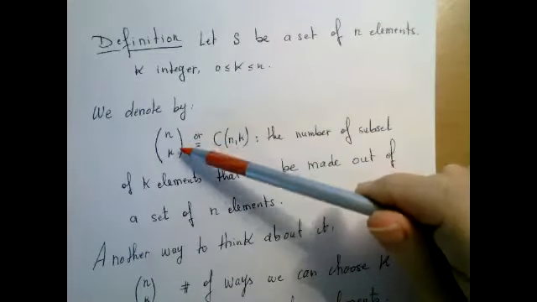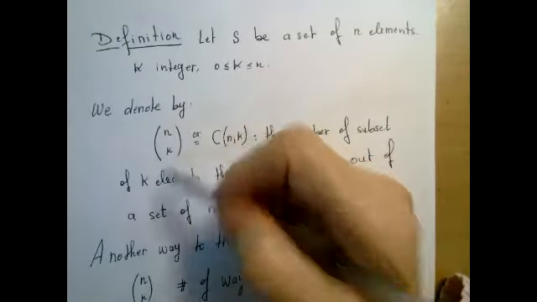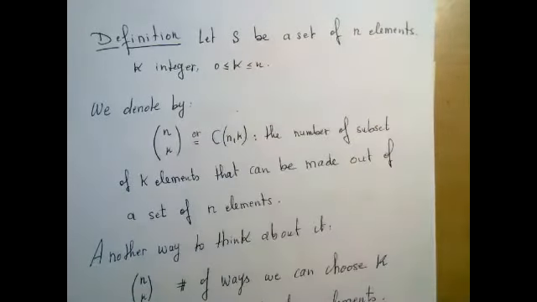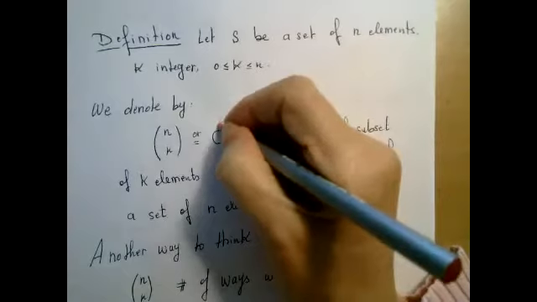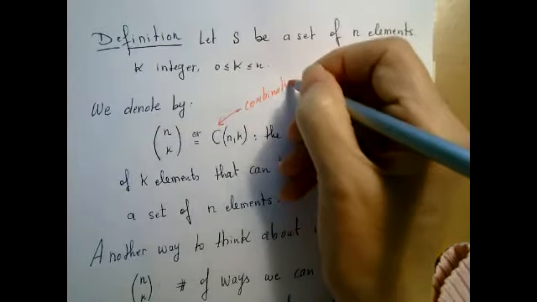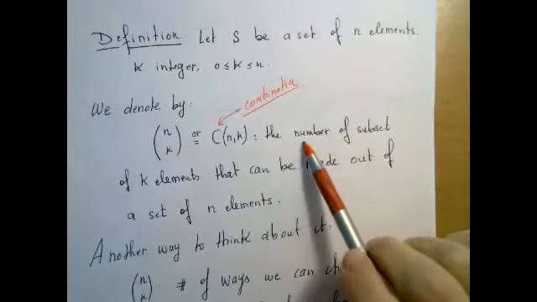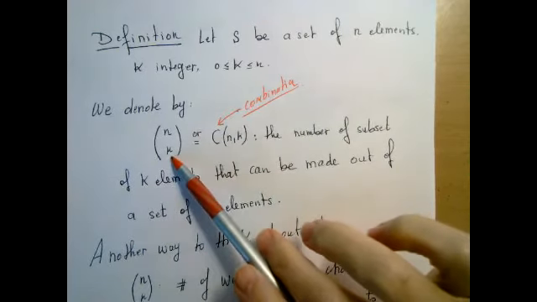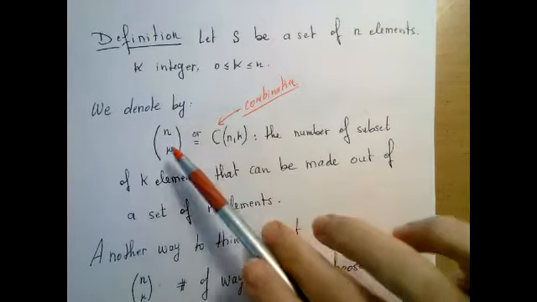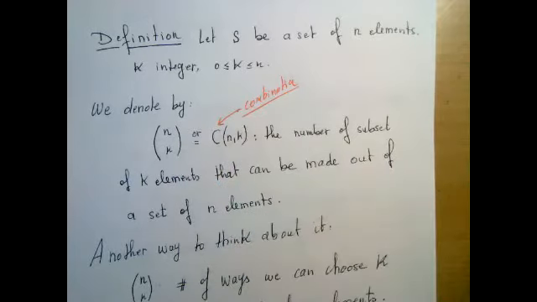Then we denote by this combination, parenthesis n k, or C(n, k), and the C stands for combination. We use this notation to mean the number of subsets of k elements out of a set of n elements.